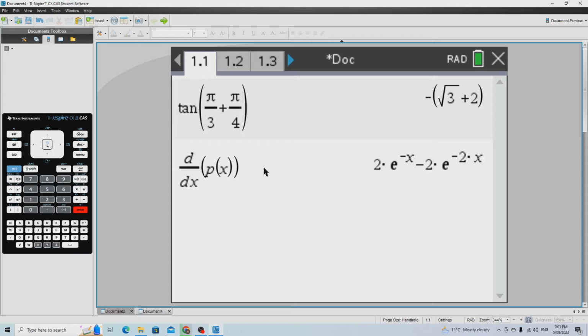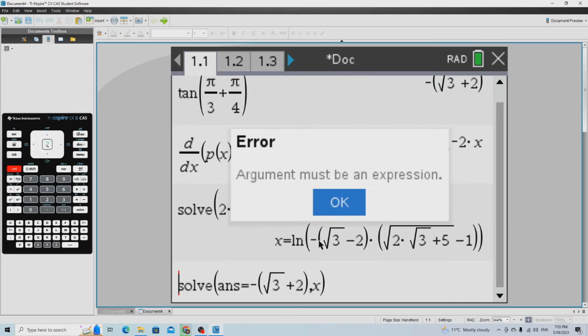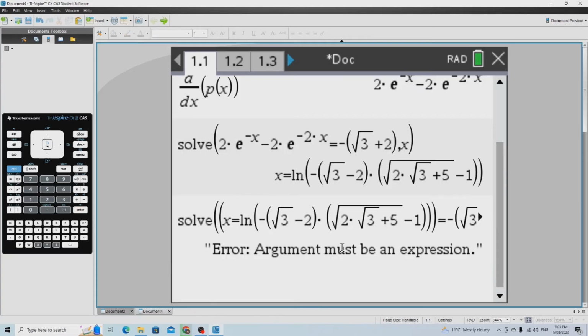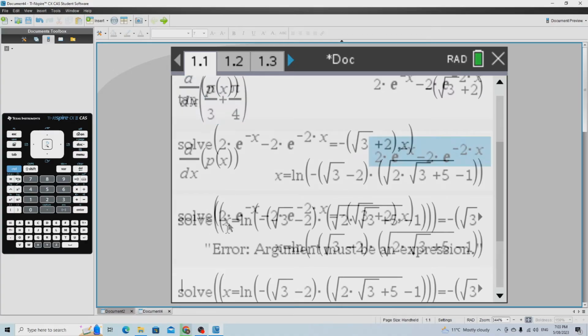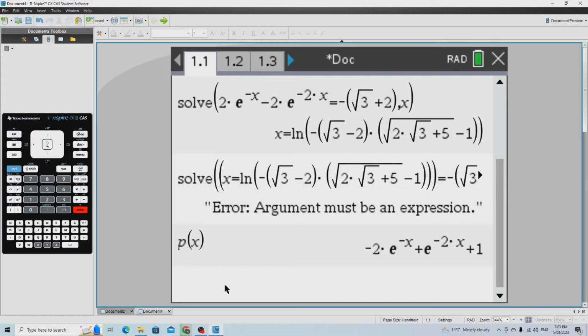So we want to solve answer equals this over here, comma X, and that's going to be your A value. What is this, error? Why is there an error? Okay, P of X, just double checking. So P of X is this. That's your function. Is that right? Yes. Plus 1.